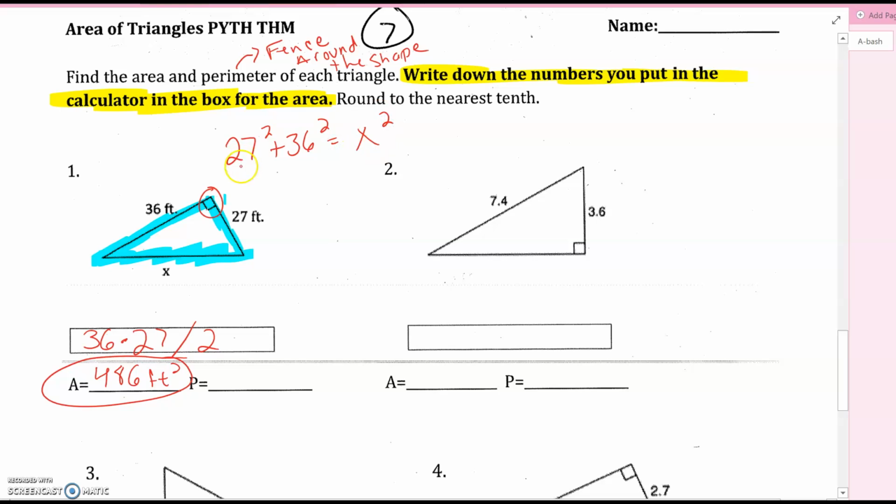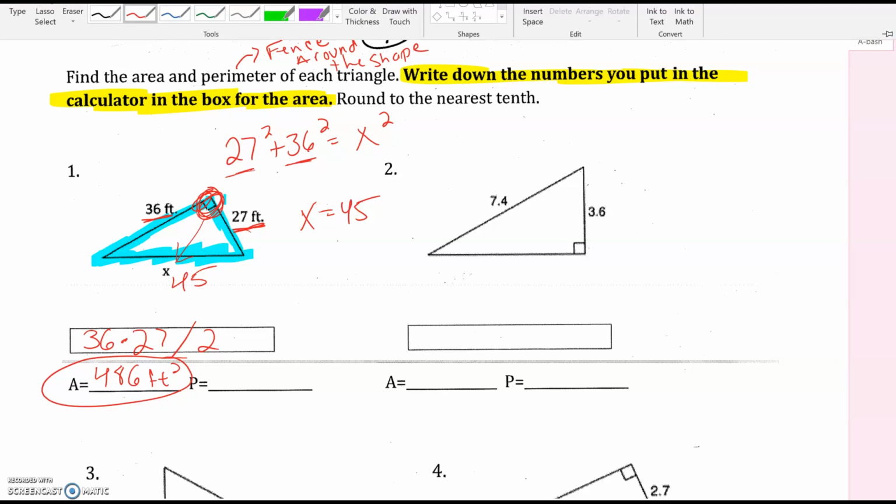Okay, remember the two numbers that go on the left side of the equation are always connected at that 90 as well. So I'd use 27 squared plus 36 squared equals my hypotenuse squared, which is x squared. When you do that and get the square root, you get x equals 45.